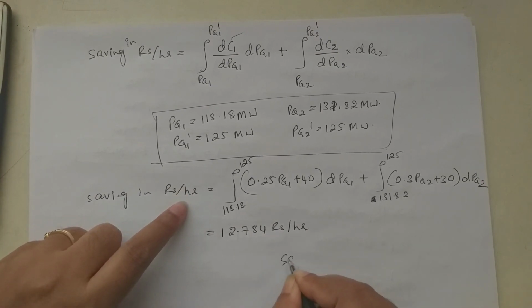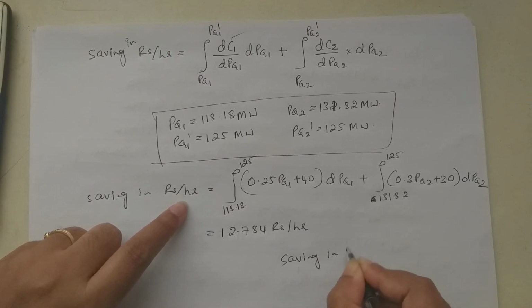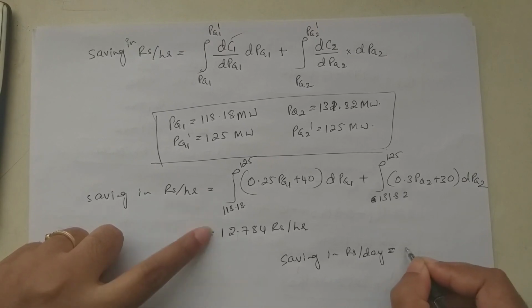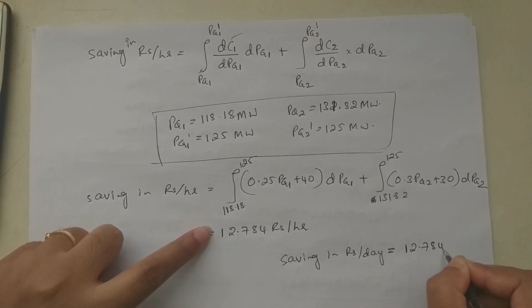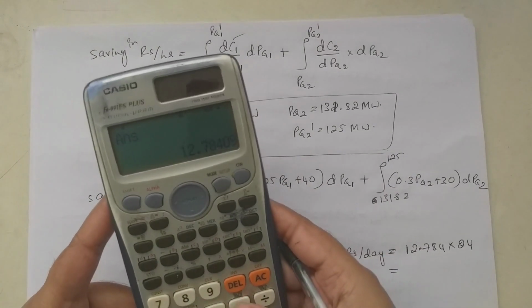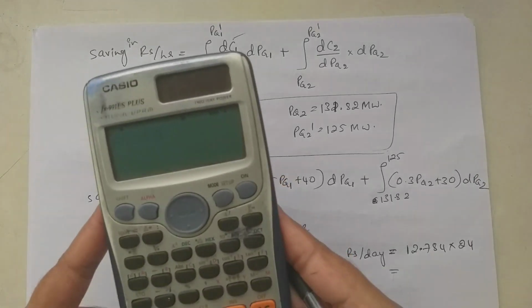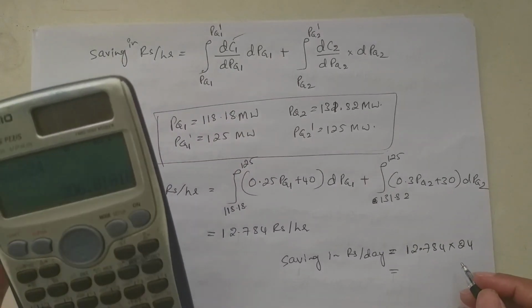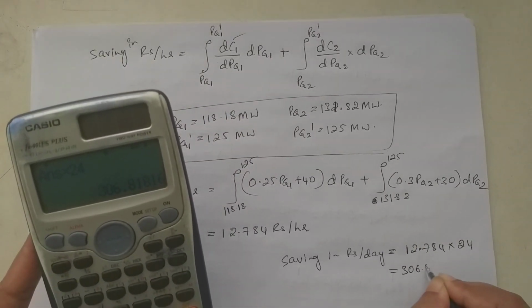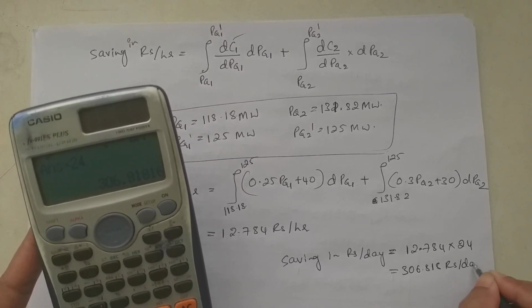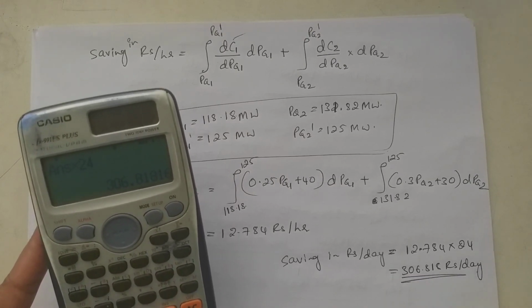So saving in rupees per day is the saving in rupees per hour multiplied by 24 hours, because one day has 24 hours. On multiplying we get 306.818 rupees per day. Thank you.